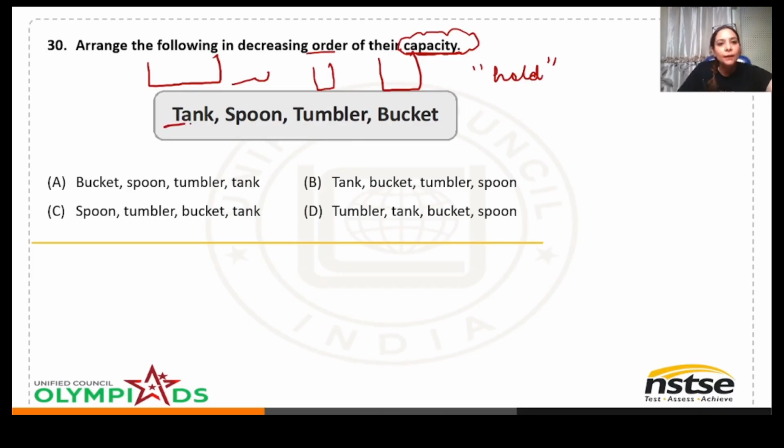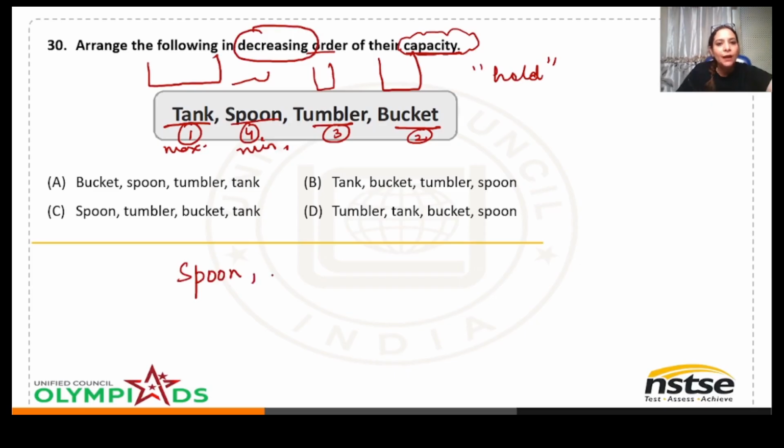Obviously the tank has got maximum capacity, and after that comes the bucket, then you have the tumbler, and the one which has least capacity is the spoon. So we have to arrange, please look here carefully, in decreasing order of their capacity. The one which has least capacity is spoon.